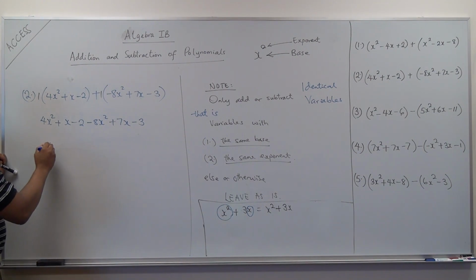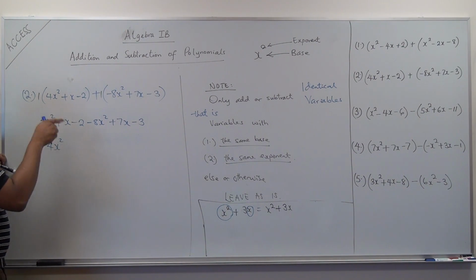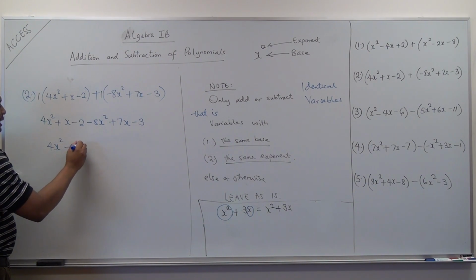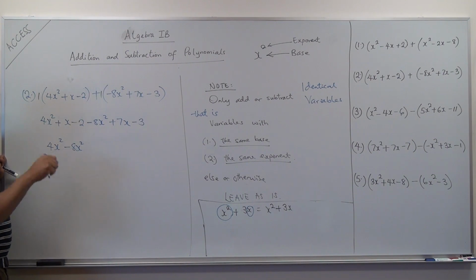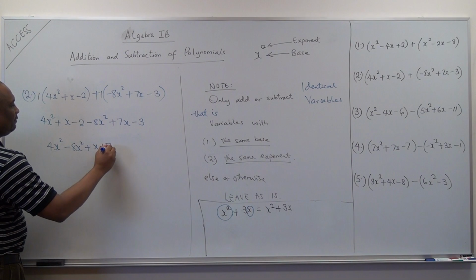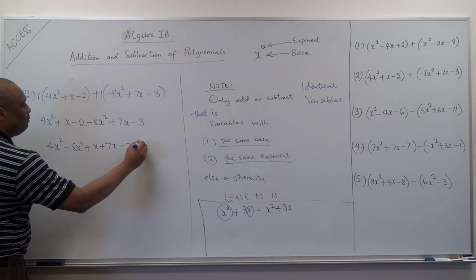And then you get identical variables together. 4x squared minus 8x squared. Keep it with the sign. This is an expression, not an equation. You are not transferring from left to right or from right to left. No. Then plus x plus 7x minus 2 minus 3.